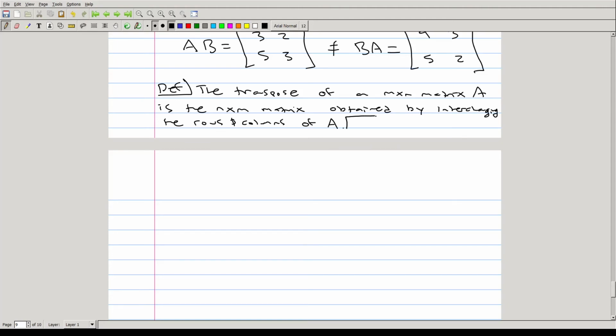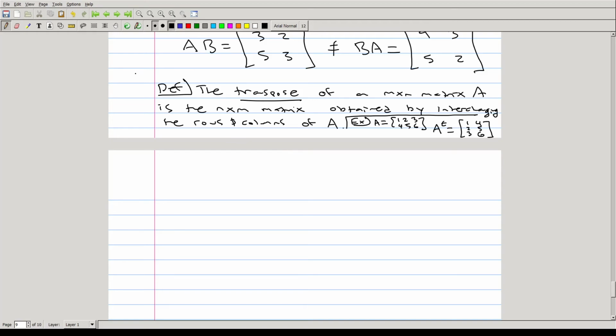And just for a quick example here, if A is the matrix 1, 2, 3, 4, 5, 6, then A transpose is going to be 1, 2, 3, 4, 5, 6 with rows and columns interchanged. So this is a 2 by 3 matrix, and its transpose is a 3 by 2 matrix.